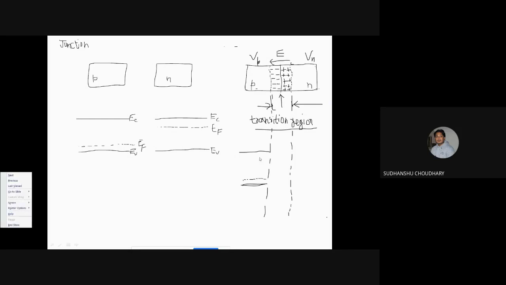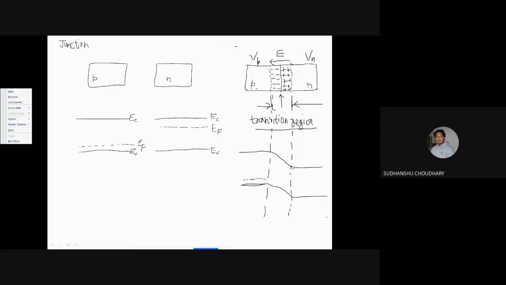So that means the effect of positive is to push down. So in this region, I will see a bending of energy bands, and then I'll see a constant energy band in the N-type region. Okay.